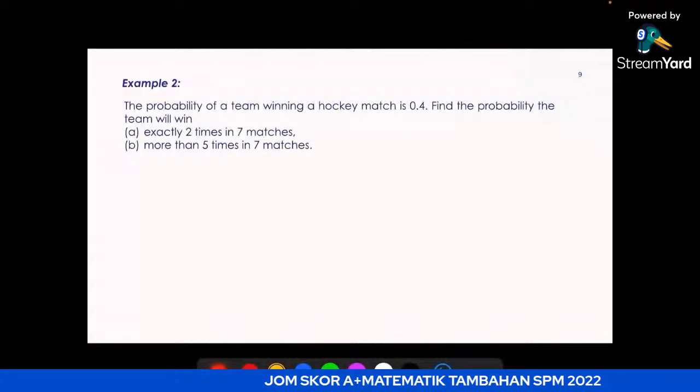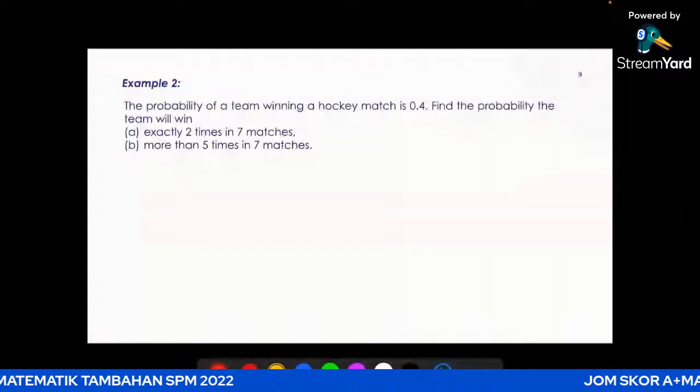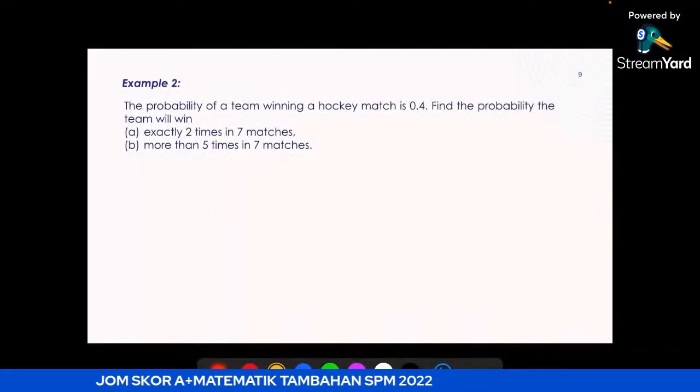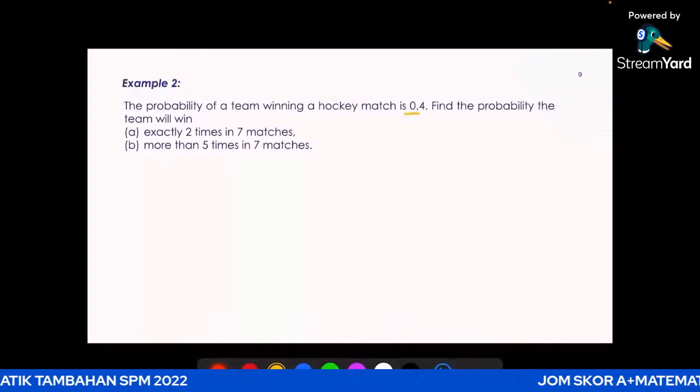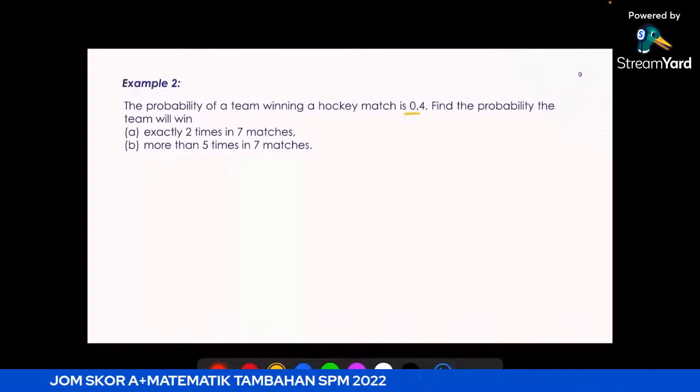Here we are talking about hockey matches, and our desired outcome is winning the team. So winning the team is considered as the success. Dia bagi probability dia adalah 0.4. 0.4 here is considered as the probability of success, which is p. Find the probability of team will win exactly 2 times in 7 matches.